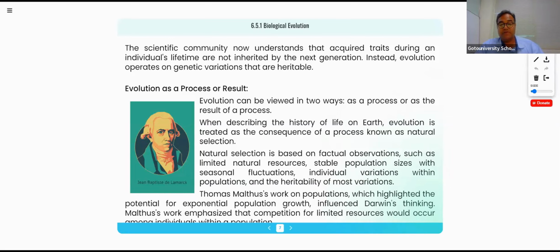etc. So Thomas Malthus highlighted the potential of exponential population growth, influencing Darwin's thinking. Competition for the limited resource occurs among individuals in a population, right? What we need to understand basically is that Thomas Malthus, the great scientist, explained why the population size is reducing and increasing.